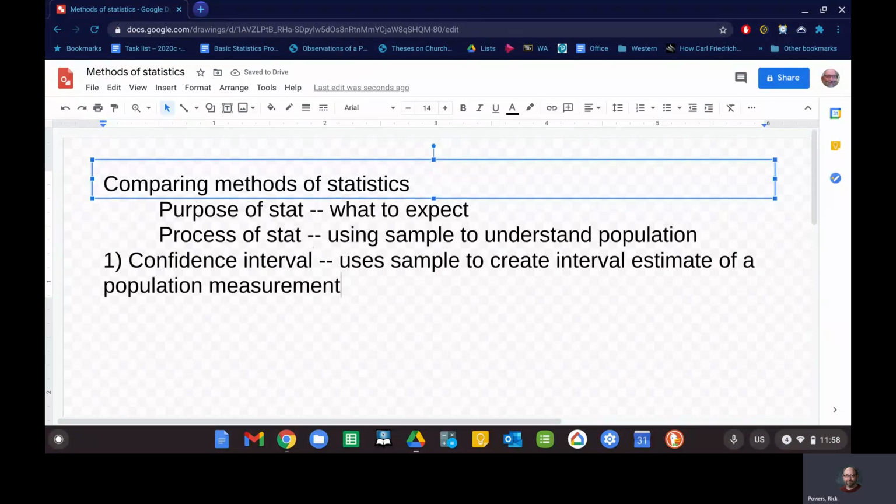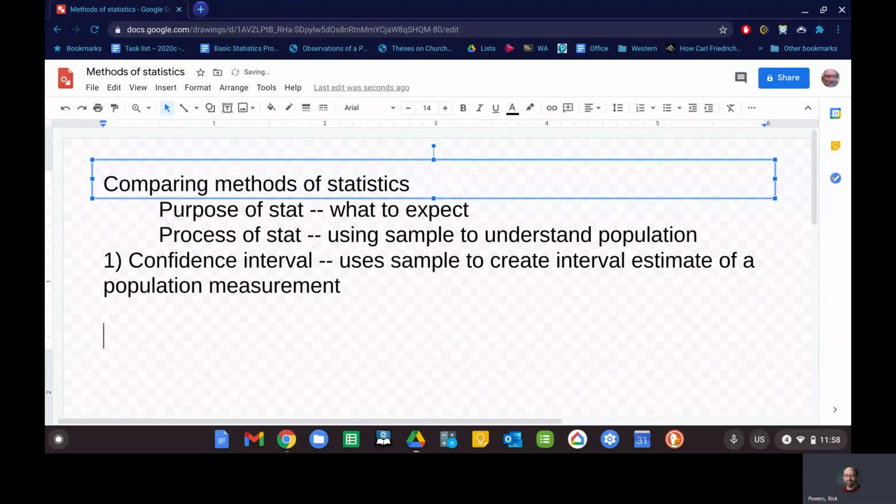So if we want to know something about blood pressure average, then we could measure a blood pressure average of a sample and get a confidence interval for the blood pressure average for the population. Or we could do the same with a proportion, or the same for a standard deviation. Now, this gives us pretty good information because it's what we want. We want to know about the population based on the sample. And as it turns out, this particular method is being used more these days in modern research compared to even 5 years ago.